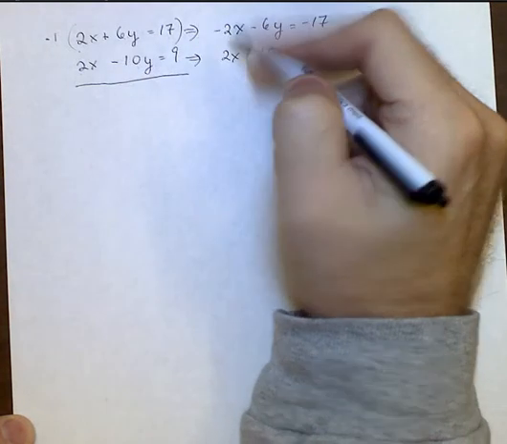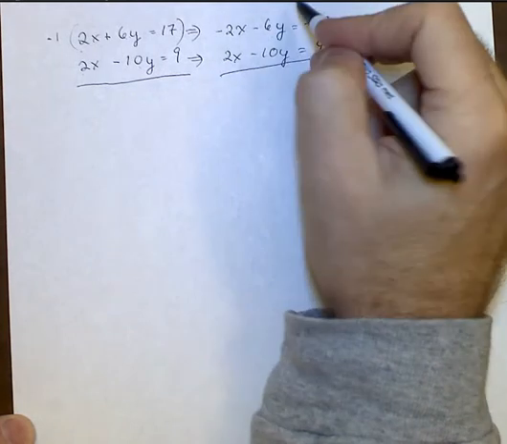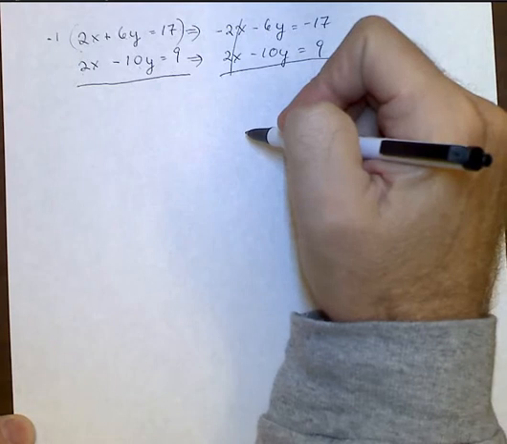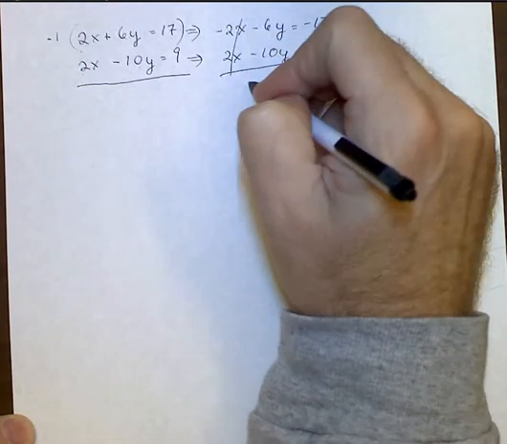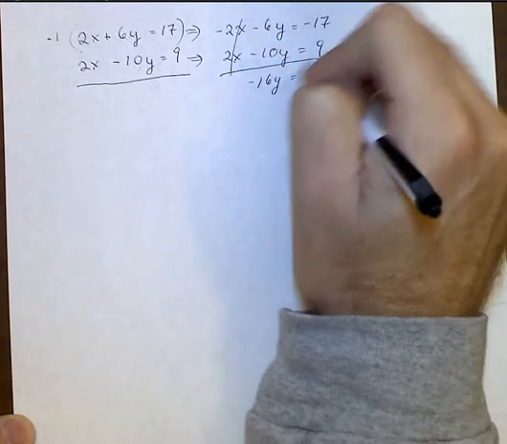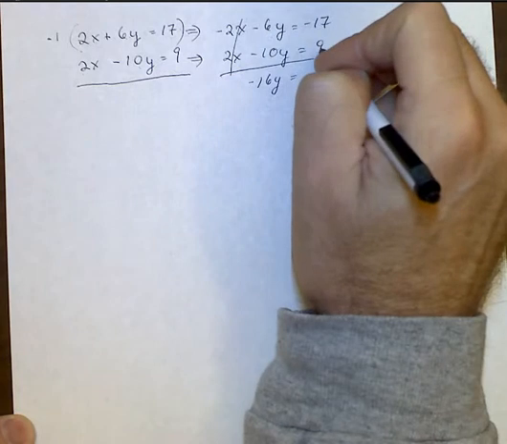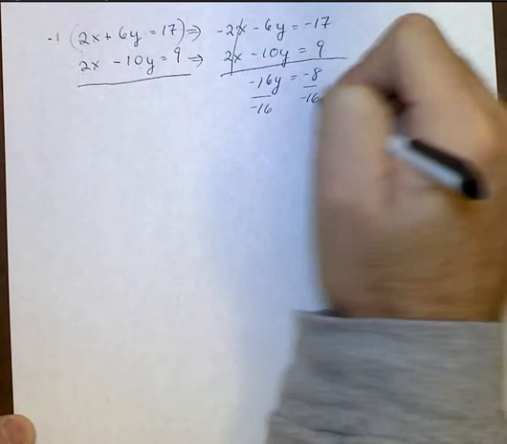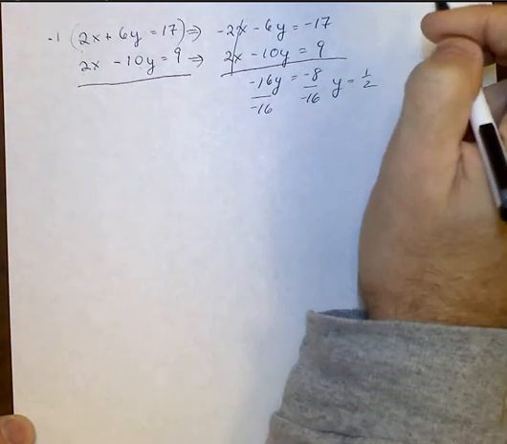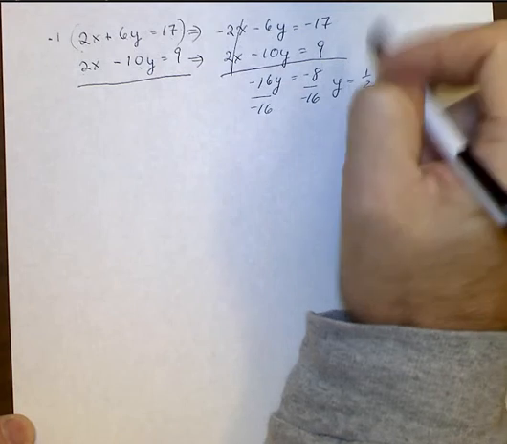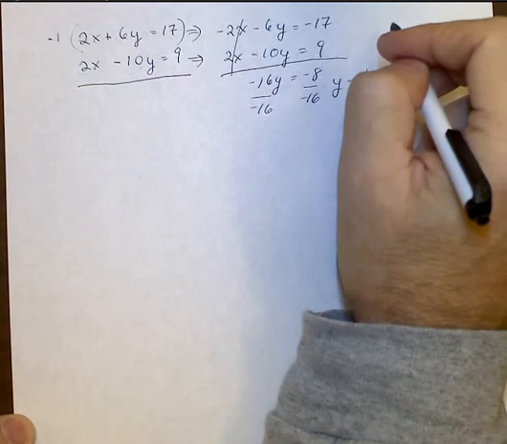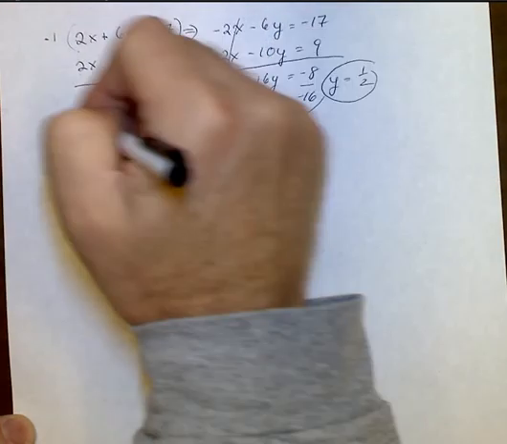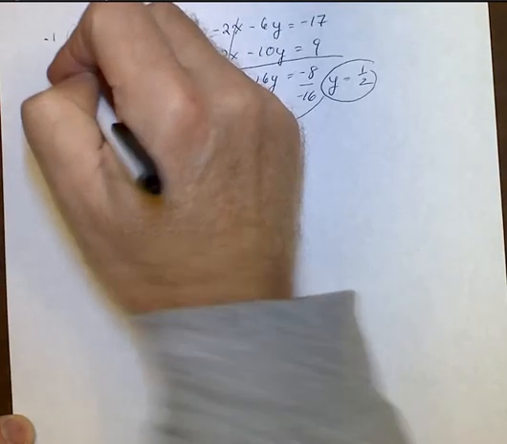But by doing that, I can now add these equations together. Negative 2x and positive 2x makes the x's go away. Negative 6y and negative 10y makes negative 16y, and negative 17 and a 9 makes a negative 8. Divide by negative 16, and I get y equals a half. I now need to solve for x. You can solve for x by putting this answer for y back into either of the two original equations, whichever one you want.